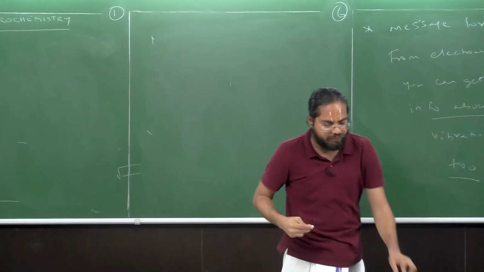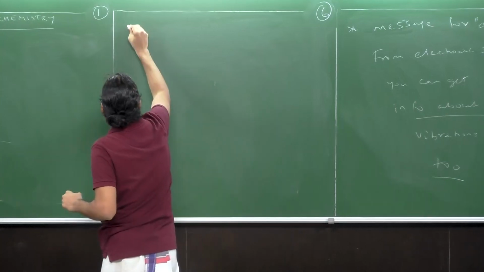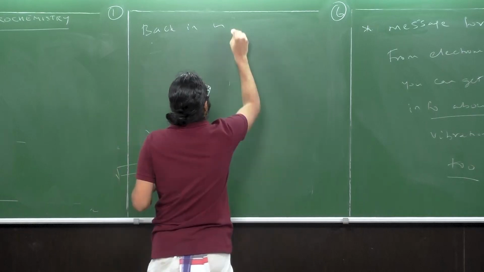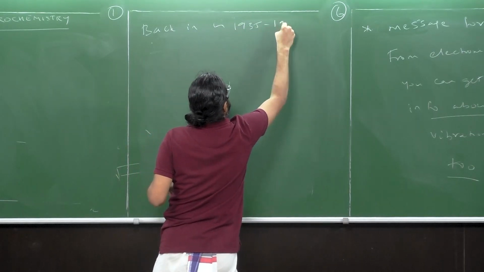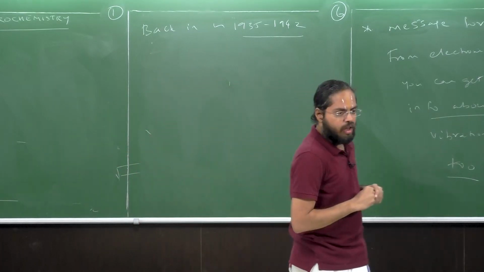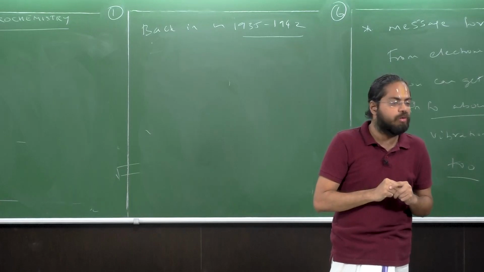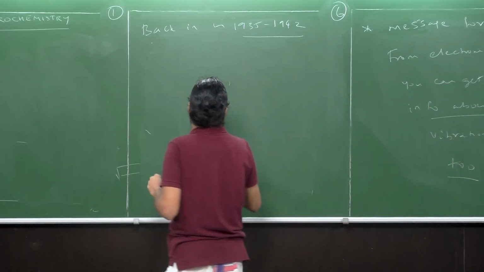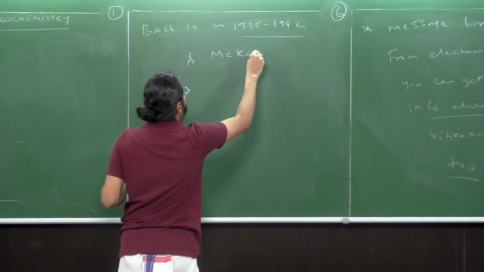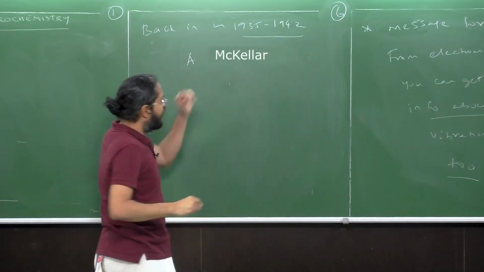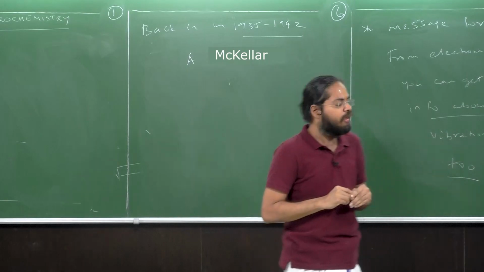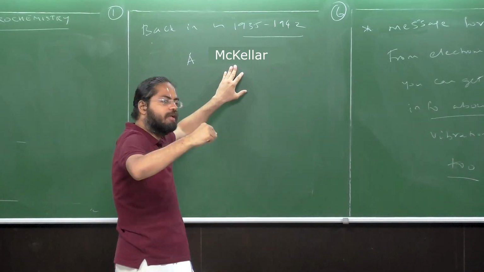So way back, approximately 1935 to 1942, a lot of work was done, notably by Canadian astronomers, and one person, I might be spelling his name wrongly, McCarroll, who was an outstanding astronomer and a spectroscopist, along with some others, including the Nobel laureate Gerhard Herzberg.